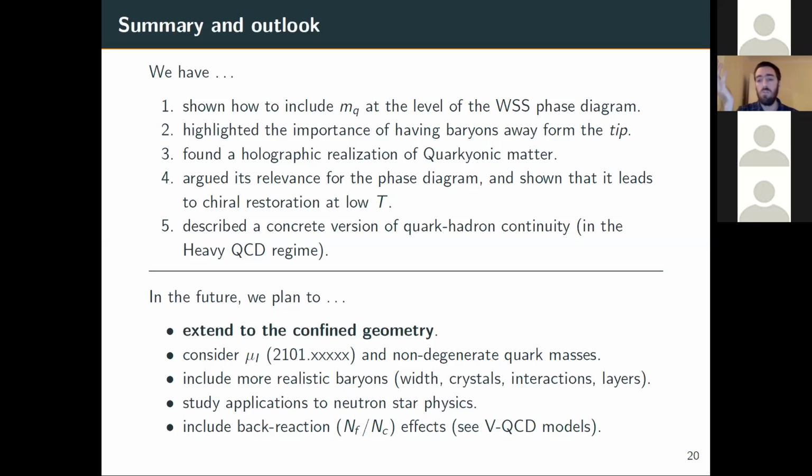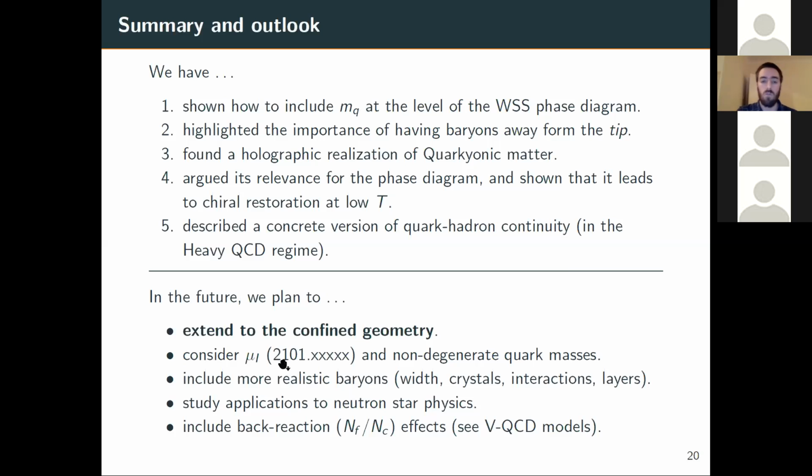But maybe you cannot realize it in the confined geometry if you are still at infinite N. I don't know. I really don't know. I would like to know the answer to that. And then there are more phenomenological directions I want to explore.